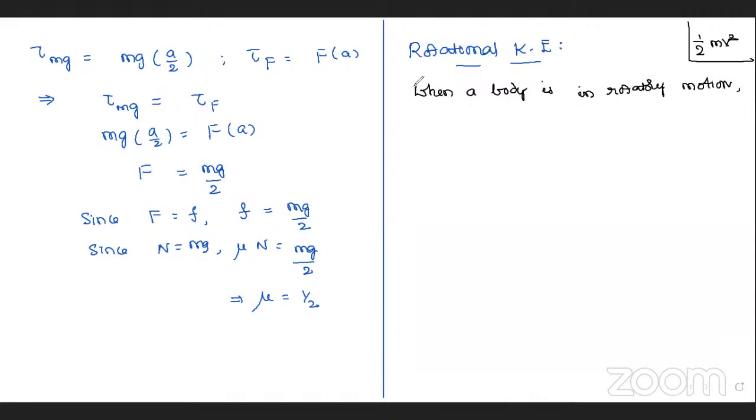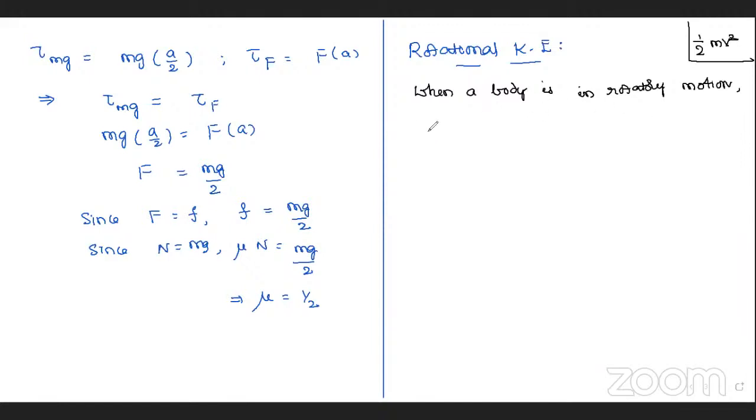I think one word, one term you missed there, Charmi Priya. You wrote only half omega square. When a body, okay, we will check that.